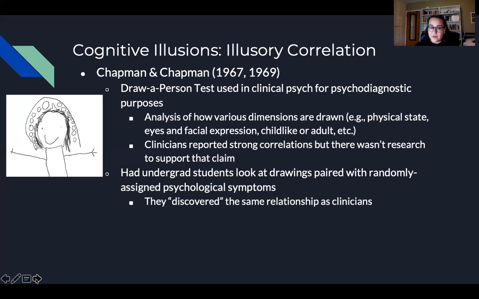Essentially, they discovered relationships that they expected to find, even when there wasn't actually any evidence for that kind of relationship existing at all. And so essentially, this cognitive illusion is taking information and trying to make it match what your assumed correlation is.